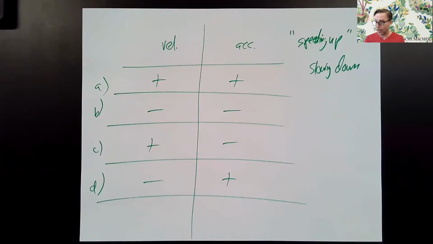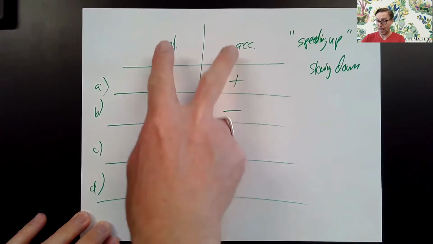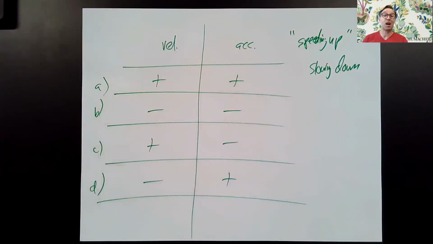Is there another question I could ask based on this chart? Sure, I could say, which of these, A, B, C, D, would represent an object moving down or to the left? Assuming up and right are the positive directions.